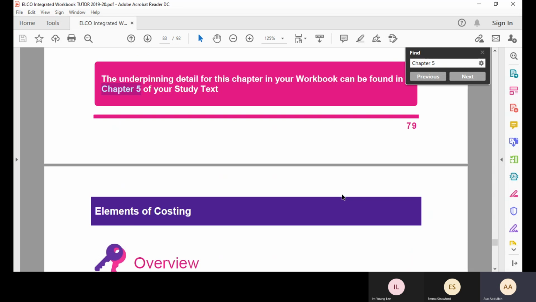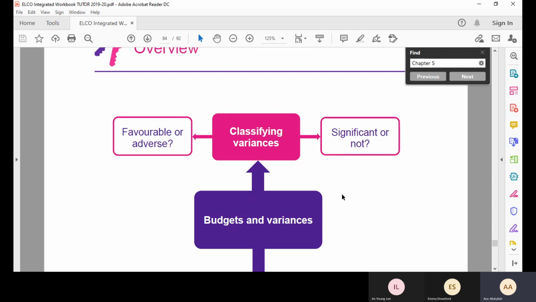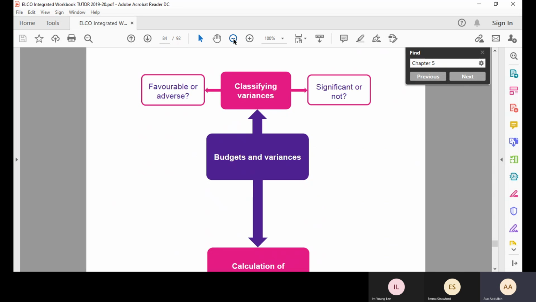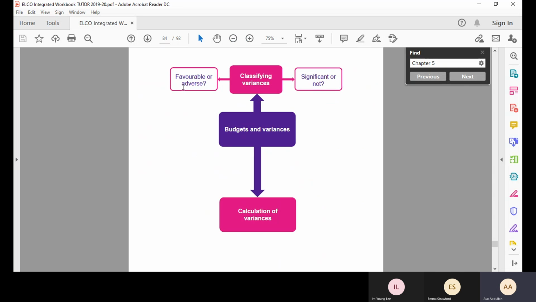If we're looking at the overview of the chapter, it is going to be favorable or adverse. For example, say you have a budget of £100 and you're going shopping. You would like to buy 4 pieces of clothes, and if you manage to buy them within the £100, it is in favor of you.